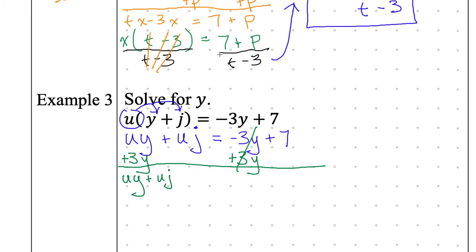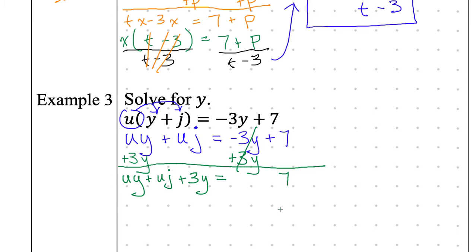And then what did we just add to that side? You just got to read this one again. Plus 3y. There it is. Plus 3y. And now that's equal to 7.